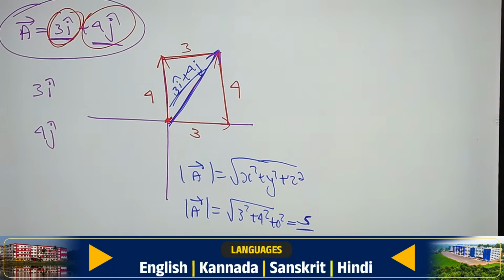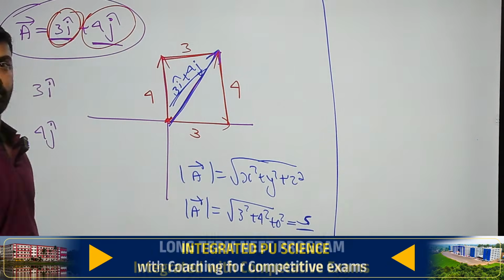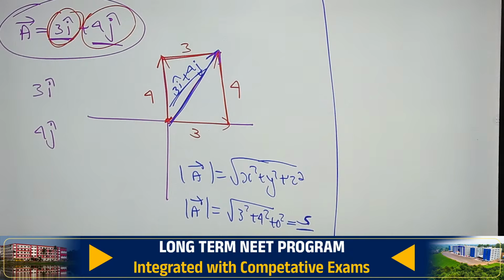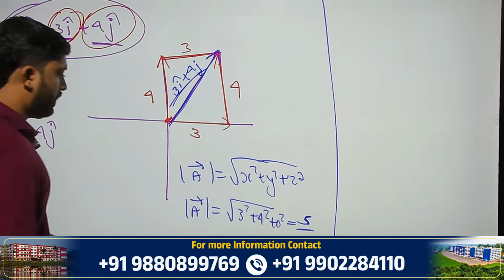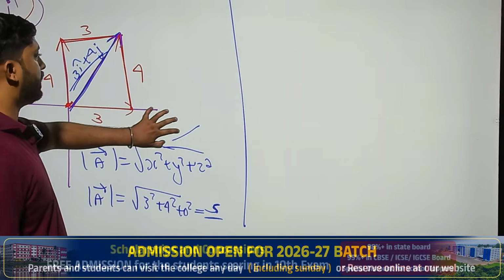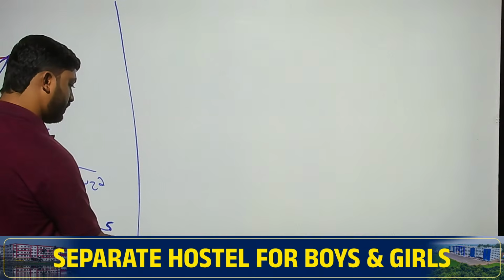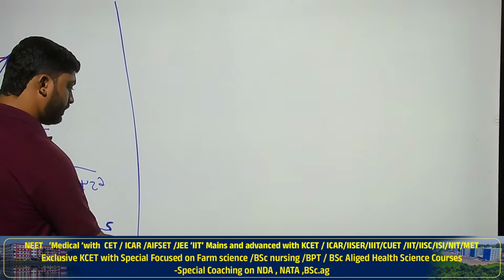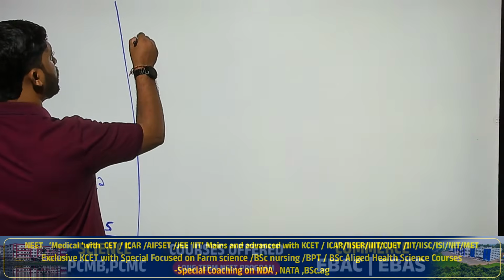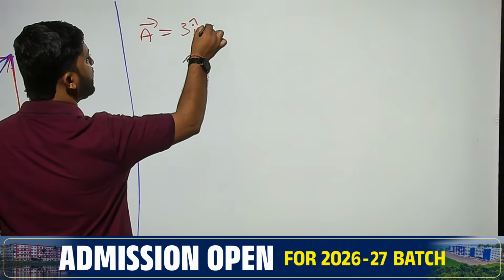Now, see here, we have a vector as 3i plus 3j.